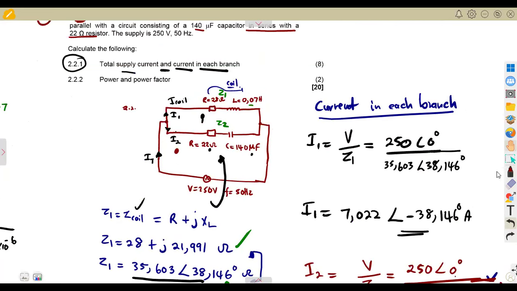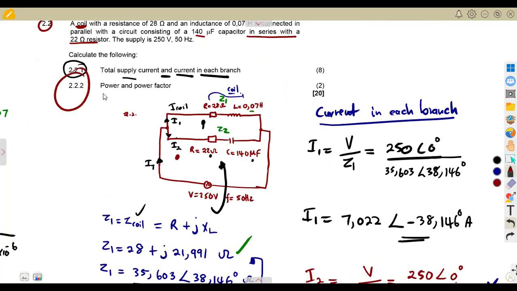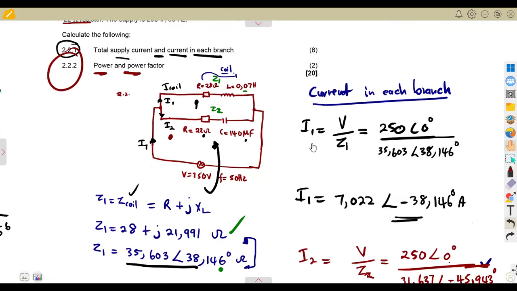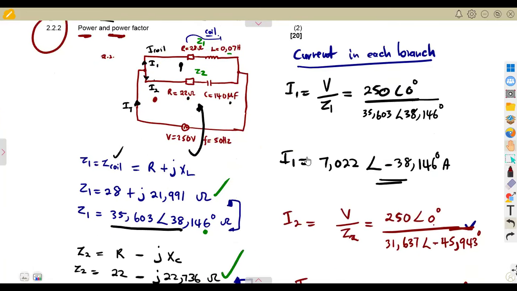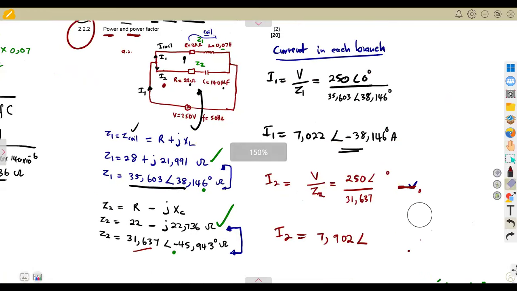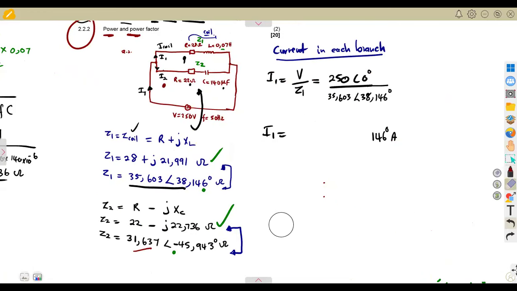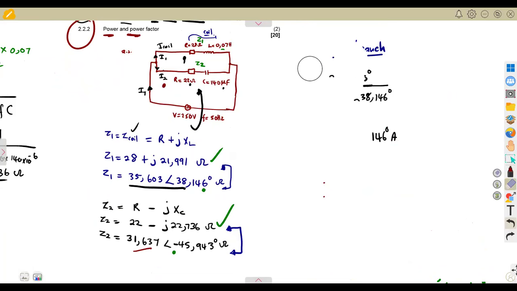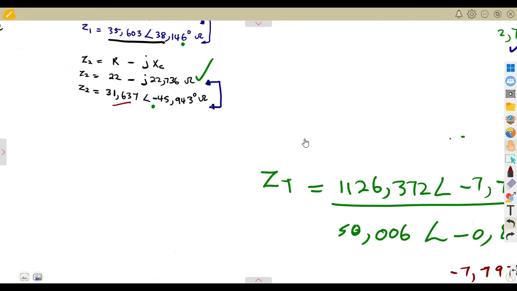All right. Then consider the last part, which is the power and the power factor. When you are considering the power and the power factor, you consider this taken from the total current. We want to note what was happening from the total current. What is the relationship between the angle that you are given, the phase angle?